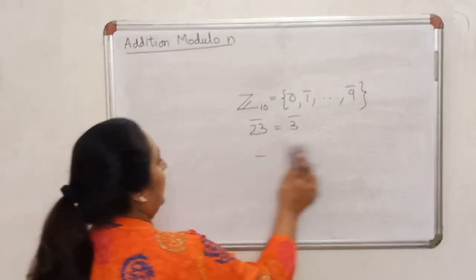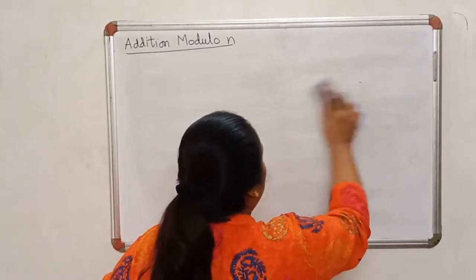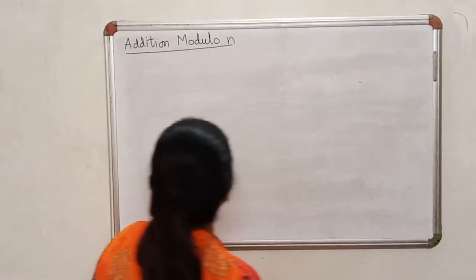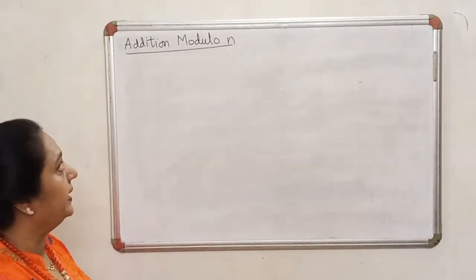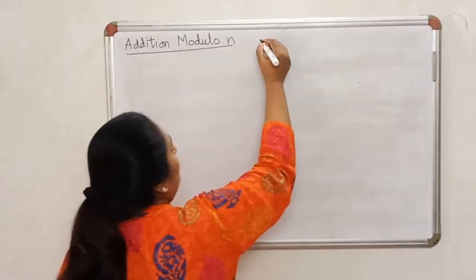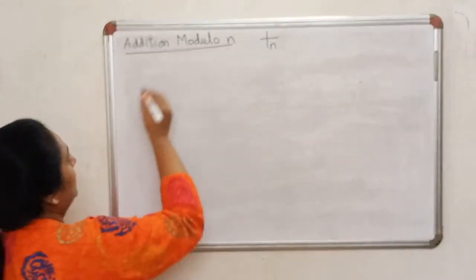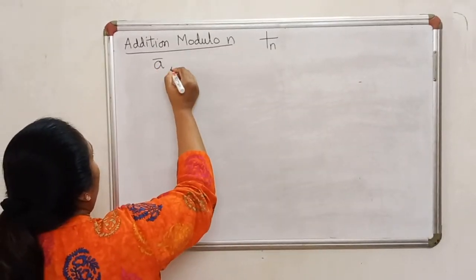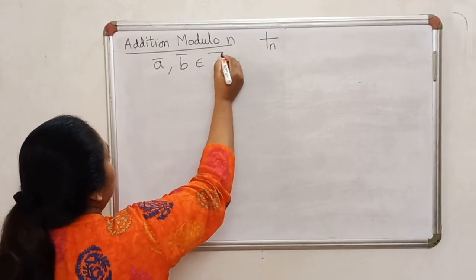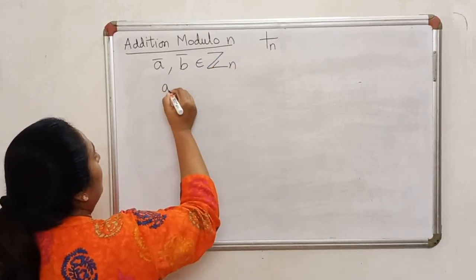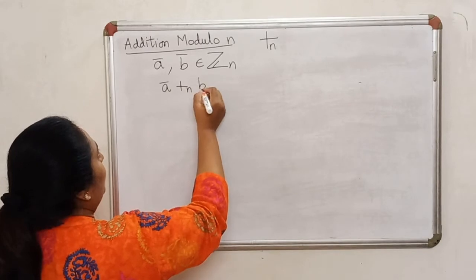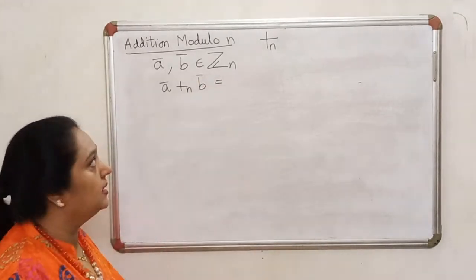Now keeping this in mind, I am going to define the operation of addition modulo n on Zn. Addition modulo n is denoted by plus n, and in Zn, if I take any two residue classes, then we define addition modulo n of a bar and b bar as this.